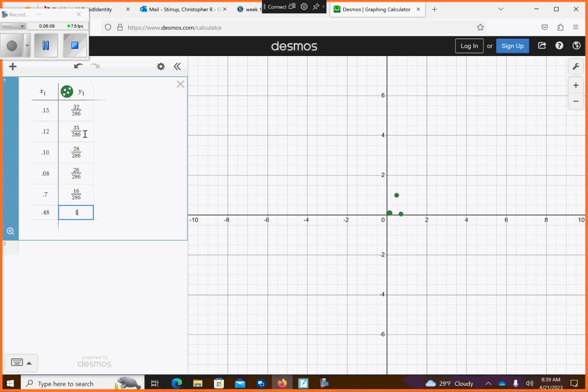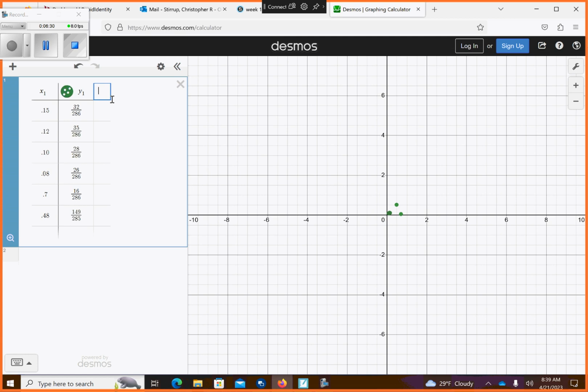And 149 divided by 286. Now let's see. So each of those, I mean, I could easily convert 0.15 to 15 over 100 or whatever. So that's basically what we're doing.